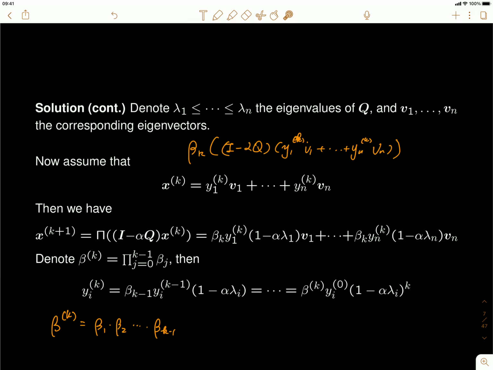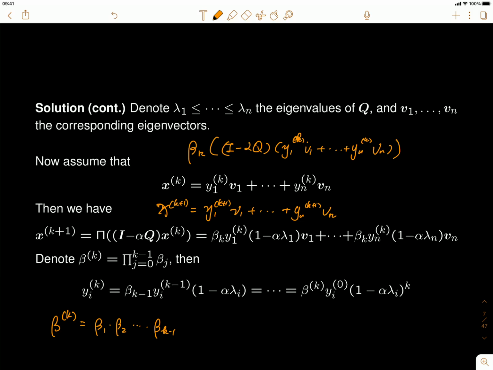All right, so now let's look at, in this case, what is yi k? So we know that the yi k, I would say this one is supposed to be spanned by, so xk plus 1, according to our notation, should be y1k plus 1 v1 plus all the way to ynk plus 1 vn.